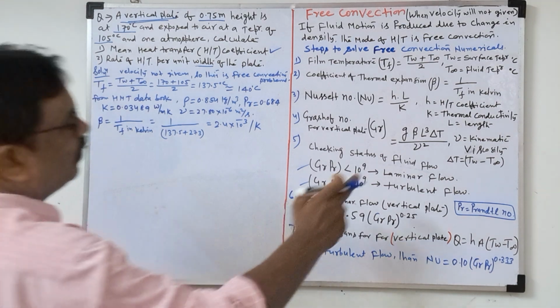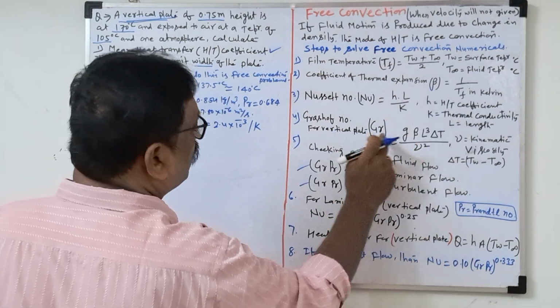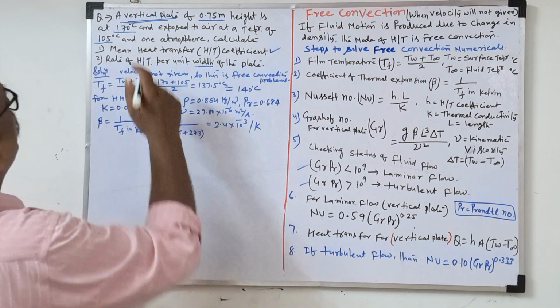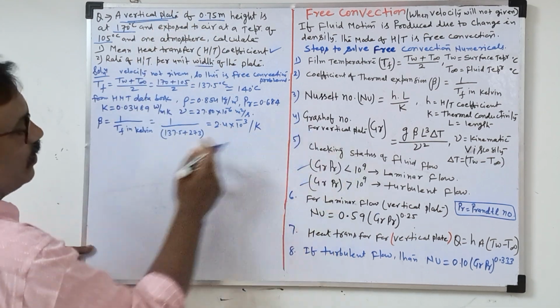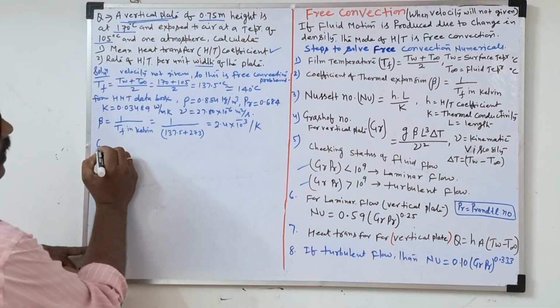Once I know the beta value, we'll go to the Grashof number for the vertical plate, because they gave a vertical plate.